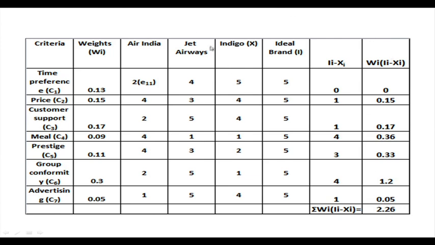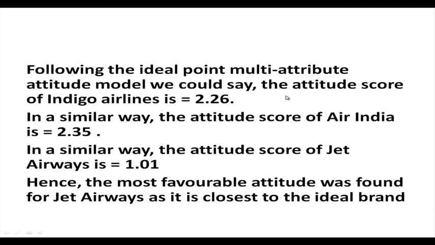Now if we replace Indigo with Jet Airways, and put X as Jet Airways, similarly you can find out Ii minus Xi, and also Wi into Ii minus Xi. Following the ideal point multi-attribute model, the attitude score of Indigo Airlines, as we have found, is 2.26. Similarly, for Air India we get 2.35. In a similar way, for Jet Airways we get 1.01.